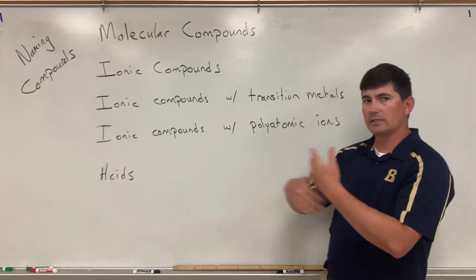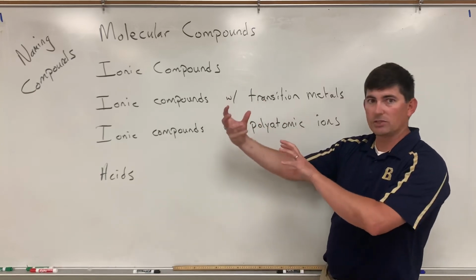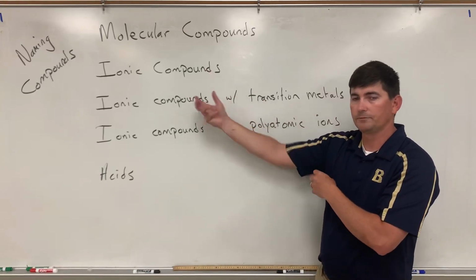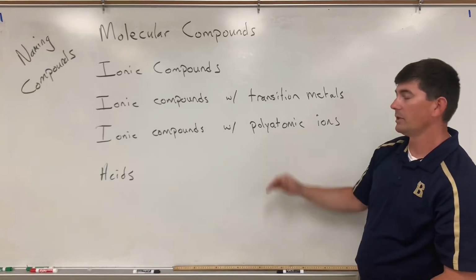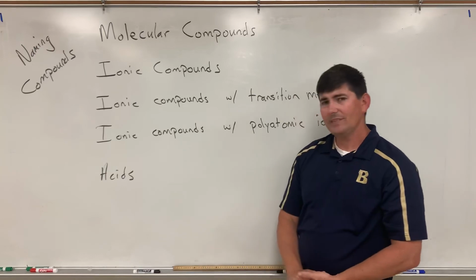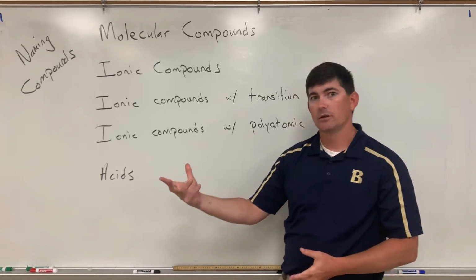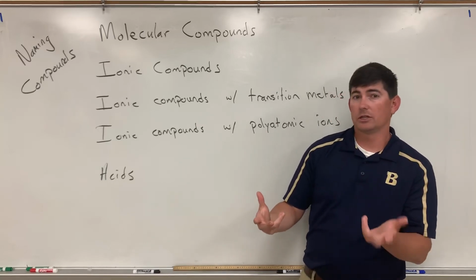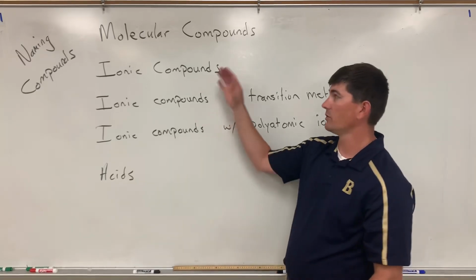So there are different ways it can be involved, but in general, it's a positively charged something, which is usually a metal, and then a negatively charged something, which is usually a nonmetal, or it could be a polyatomic. And then acids are hydrogen bonded with some nonmetals or hydrogen bonded with polyatomics. And we'll get into each of those individually.